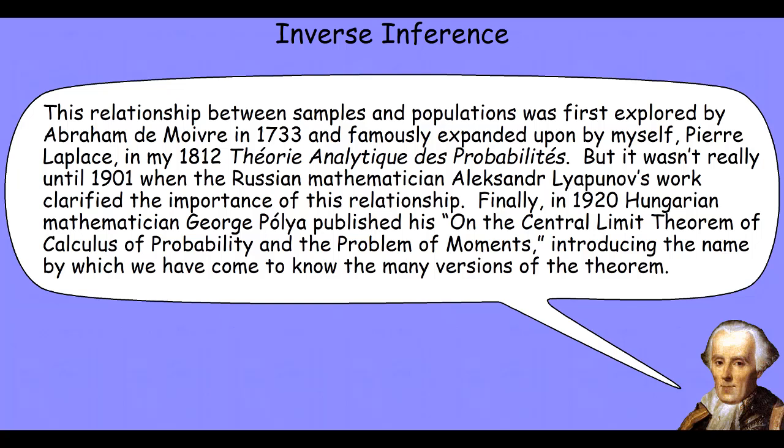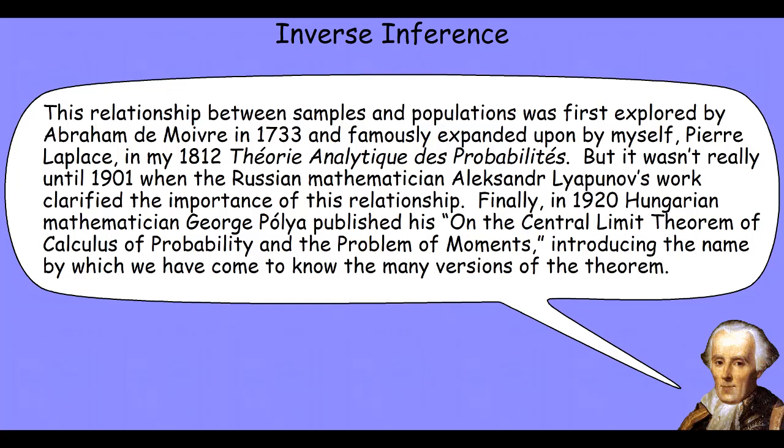That relationship between samples and populations was first explored, as I mentioned earlier, by Abraham de Moivre in 1733. And it was famously expanded upon by the gentleman pictured below on the right, Pierre Laplace, in his 1812 Théorie analytique des probabilités, or Theoretical Analysis of Probabilities.